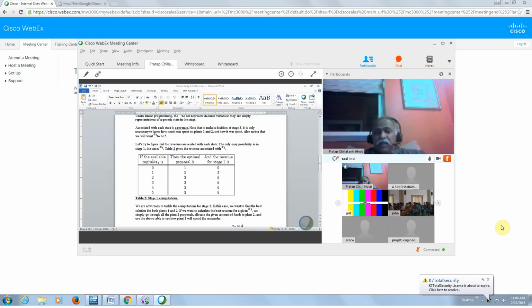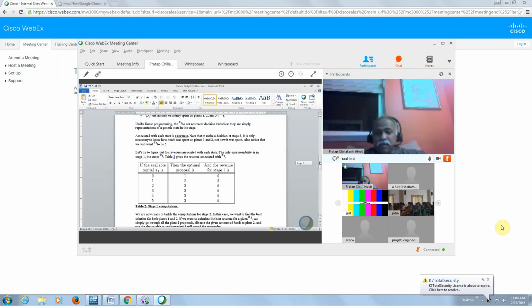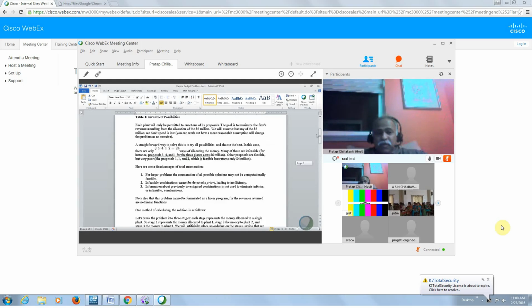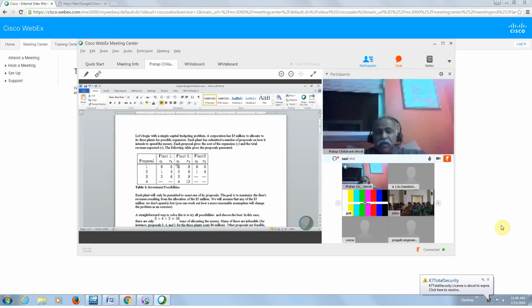So basically, if I allocate 0, then what is the proposal that can be considered? And if you go back here, proposal 1. So allocation 0, proposal 1, revenue would be 0.